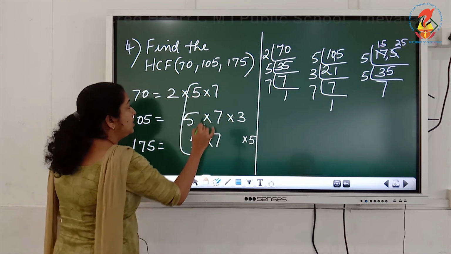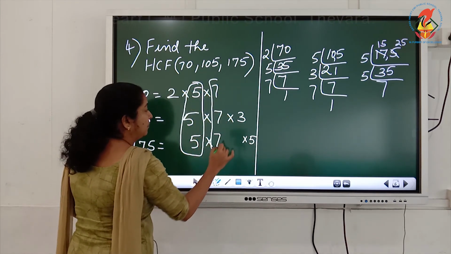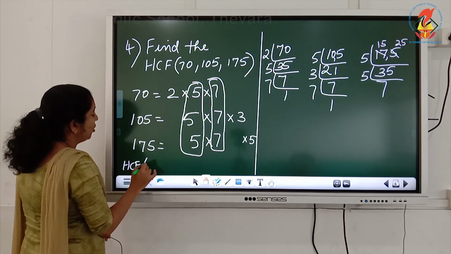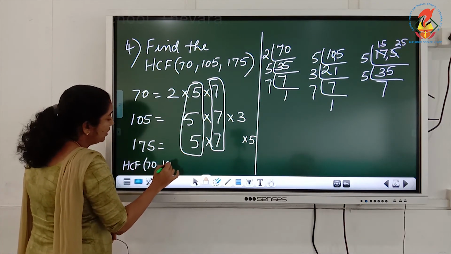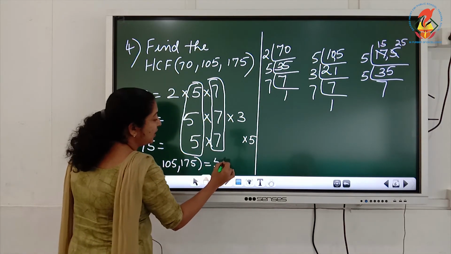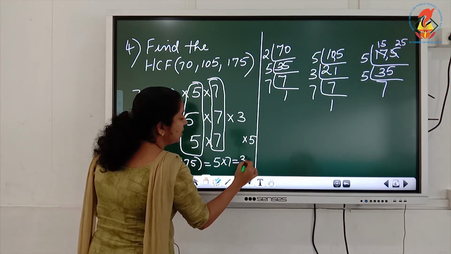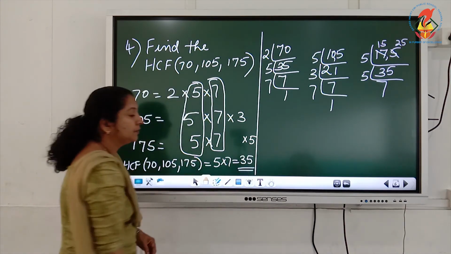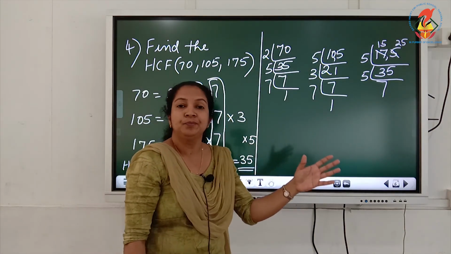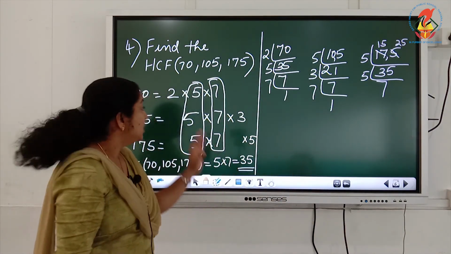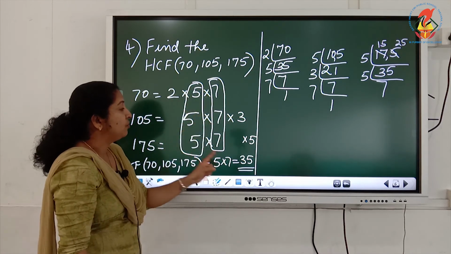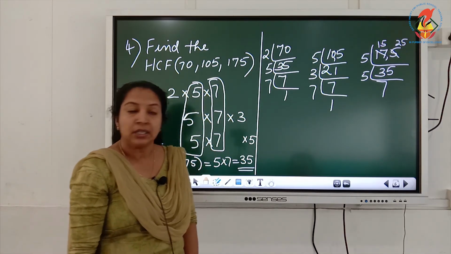So it is easy to take the common factor. So HCF of 70, 105, 175 is equal to 5 into 7 which is equal to 35. So we have taken the prime factorization of each number and taken the common factor. Here we are taking 5 from this group and 7 from this group. So 5 into 7, 35.